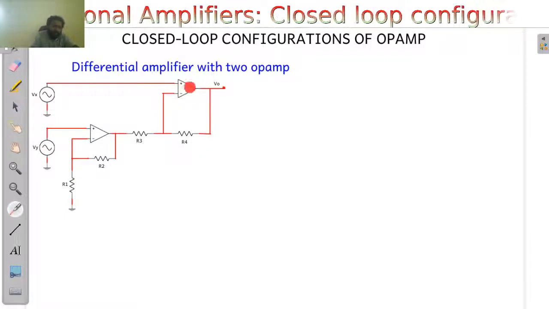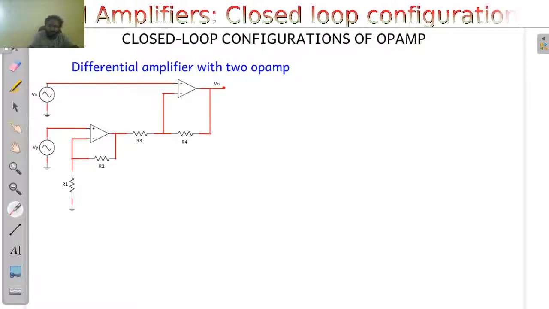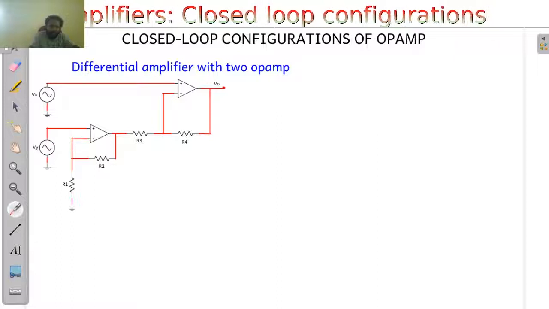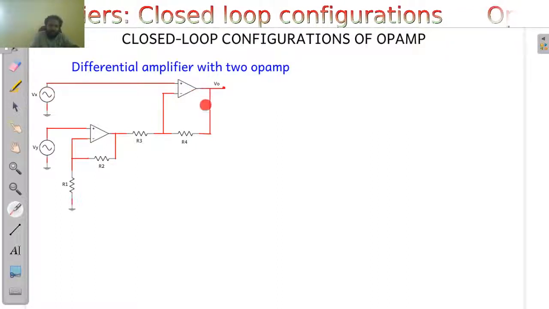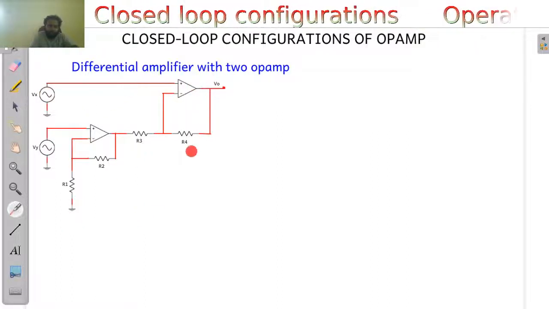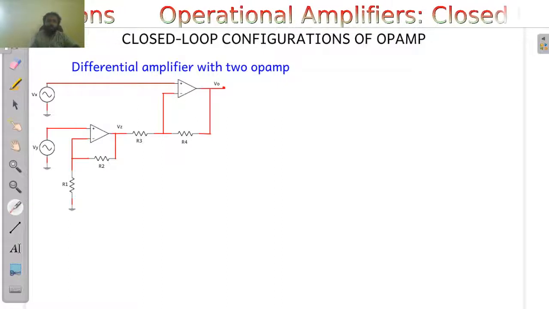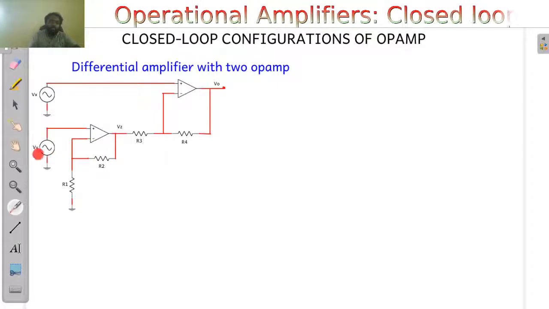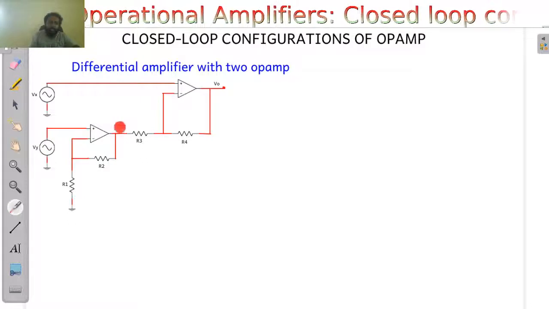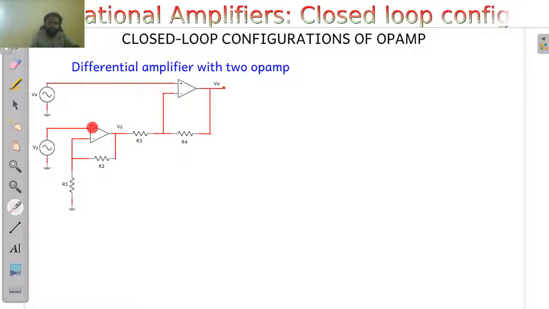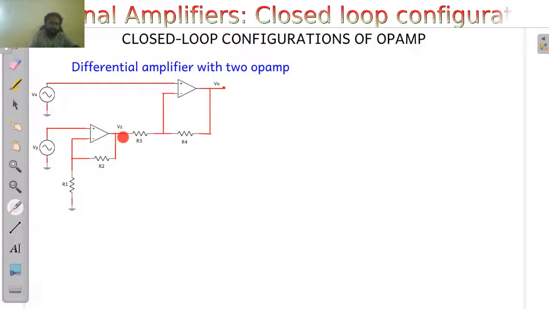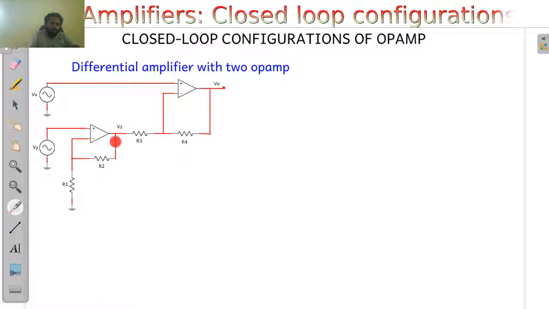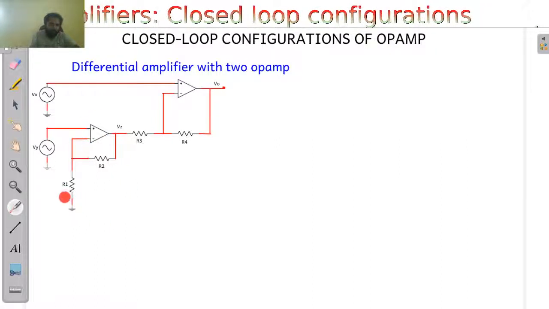So this essentially has a very high input impedance for both of these inputs, as well as a non-inverting kind of gain. The starting point of our analysis is the effect of Vy at the output of the first operational amplifier. You can see that this is a non-inverting operational amplifier.